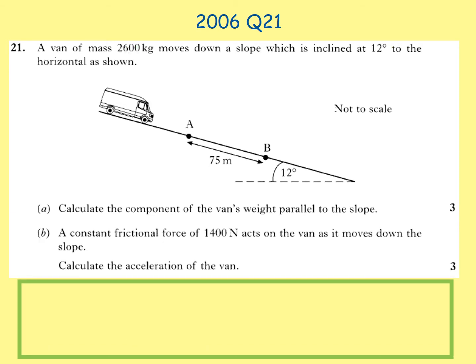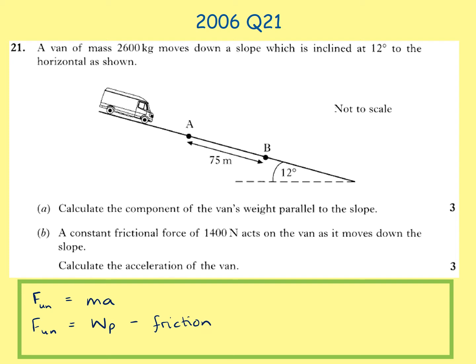Let's look at B. A constant frictional force of 1,400 newtons acts on the van as it moves down the slope. Calculate the acceleration of the van. We know that we can use the equation of our unbalanced force equals mass times acceleration to work out acceleration, but we need to work out our unbalanced force first. Our unbalanced force is going to equal our weight parallel to the slope, minus our friction.